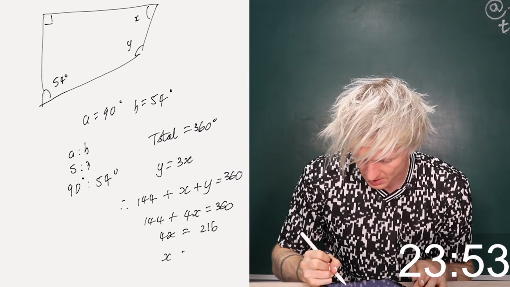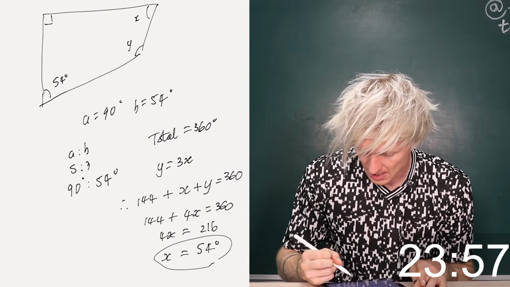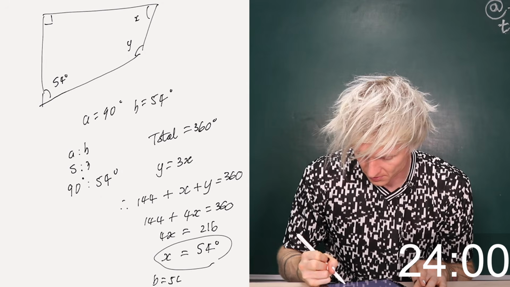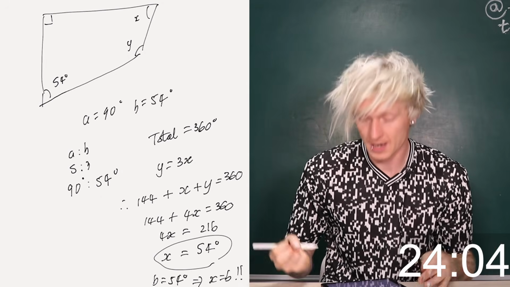So therefore X should be 54 degrees, and B equals 54 degrees. So X equals B. I'm pretty sure a quadrilateral needs to have a total angle of 360. I think I've got that one.